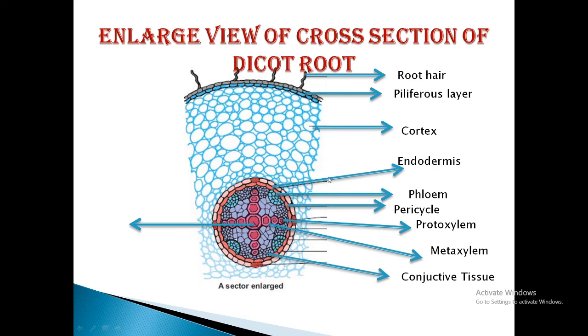The root typically shows exarch xylem. What is exarch type of xylem? Exarch type of xylem means the protoxylem is placed towards the periphery and the metaxylem towards the center. That is known as exarch type of xylem.